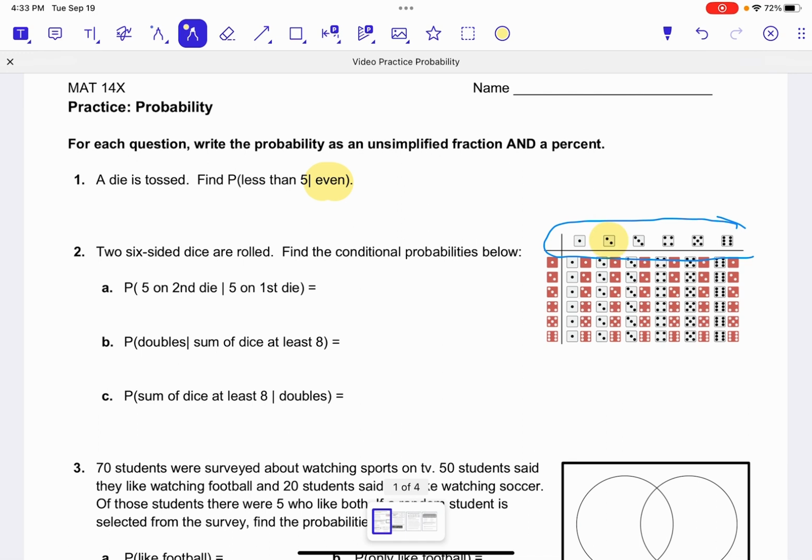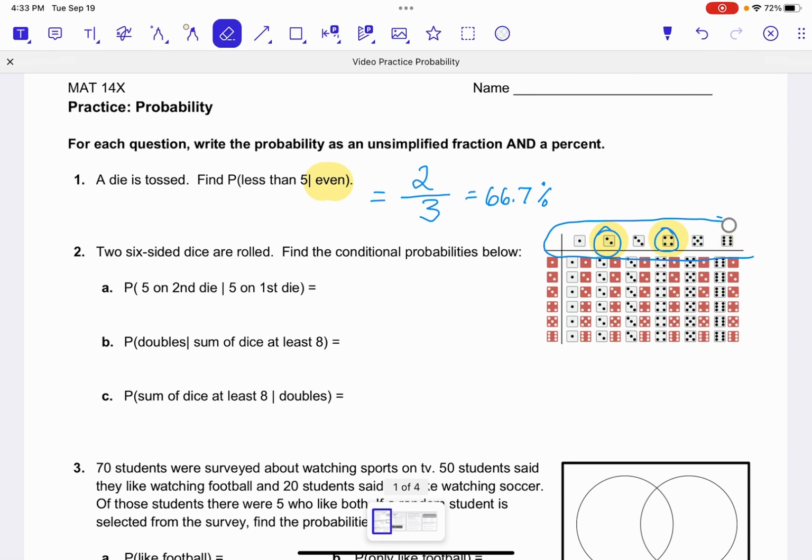In this case, there's 2, 4, and 6, so there are 3 even values. Of those 3 even values, 2 of them, 2 and 4, are less than 5. So the probability that if you rolled an even number it would end up being less than 5 is 2/3, or 66.7%.